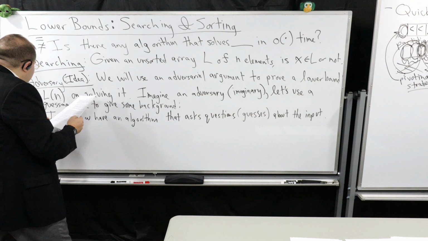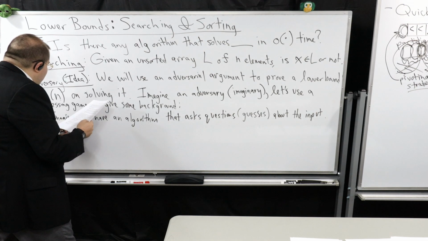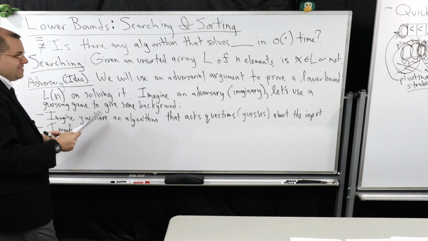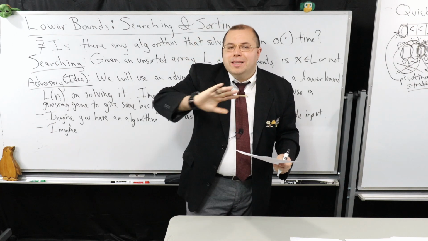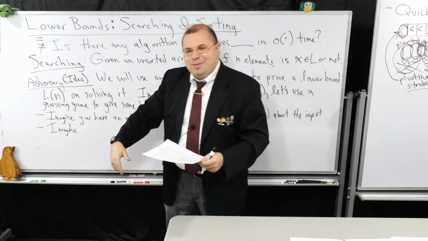So now I want you to imagine the person that you're asking this from is actually the adversary. And this adversary is going to be malicious. Just malicious. Not going to be very nice.